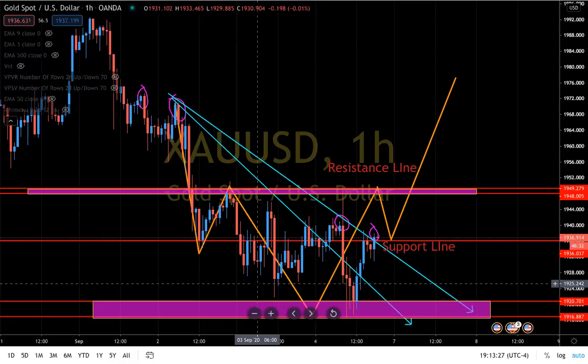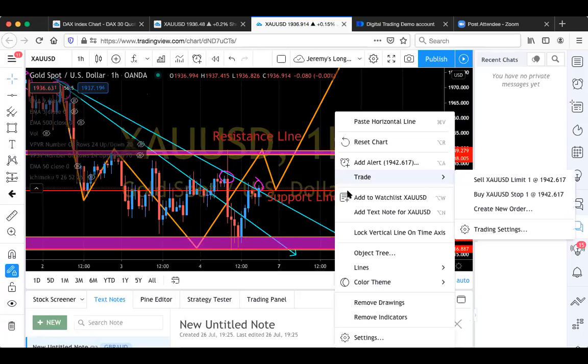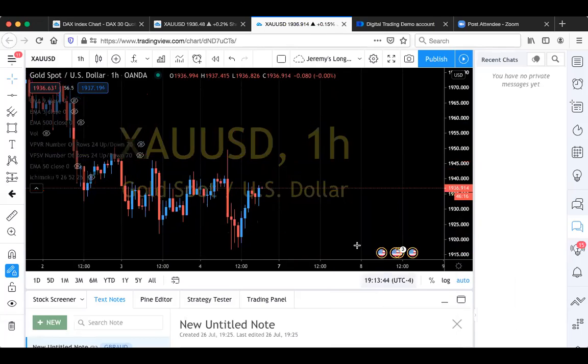It actually measures pullbacks, retracements. Different languages for different traders. But okay, let's clear all this stuff off here. Blue drawing, boom.